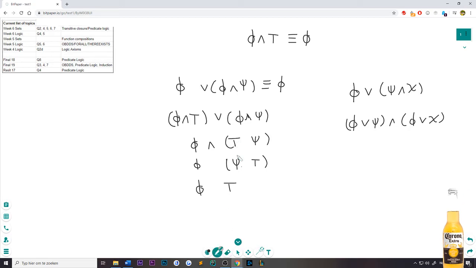Does that make sense? Oh, yeah, so there's an and here. Because we have psi or true, that gives us true, and then phi and true is exactly the same as phi, right? Sorry if that was a bit confusing, but hopefully now this makes sense. Just follow these steps. We have identity here.